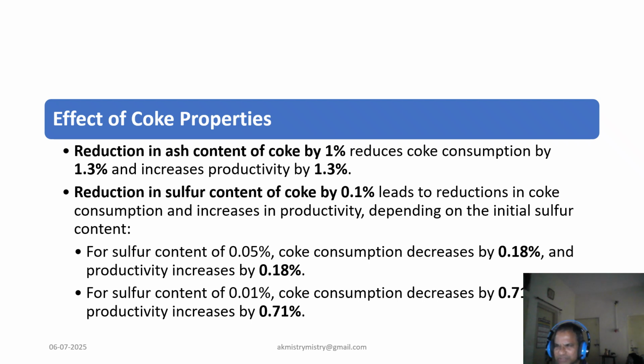Similarly, lowering sulfur content by 0.1% has a varying impact, depending on the initial sulfur level also. For instance, at 0.05% sulfur, coke consumption and productivity improved by 0.18%. So at 0.01% sulfur, this improvement rises to 0.71. So these gains highlight the importance of high quality coke in efficient iron making.